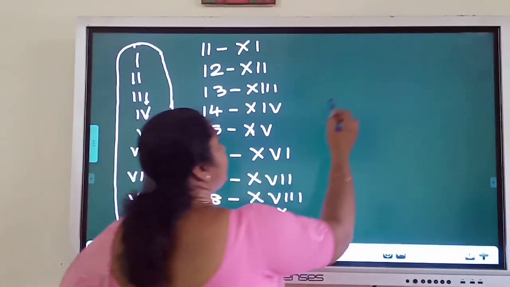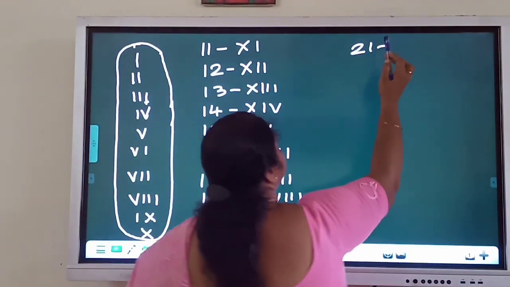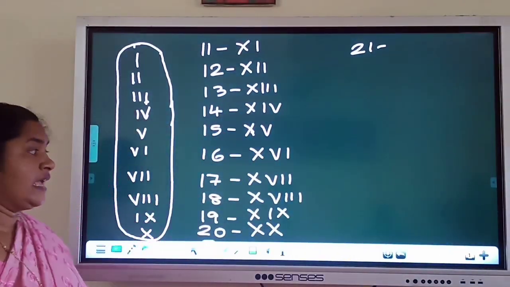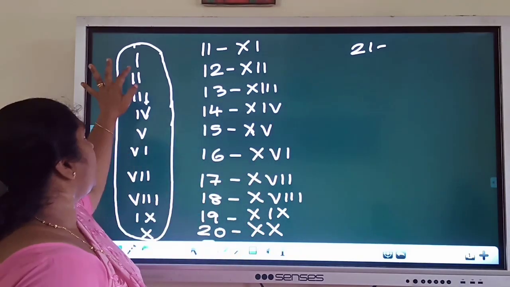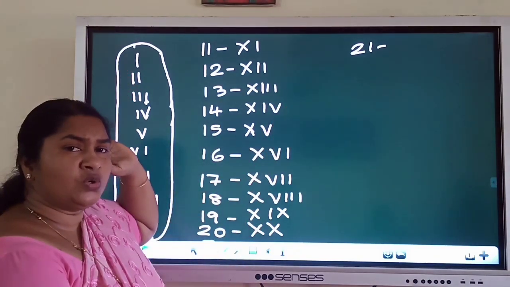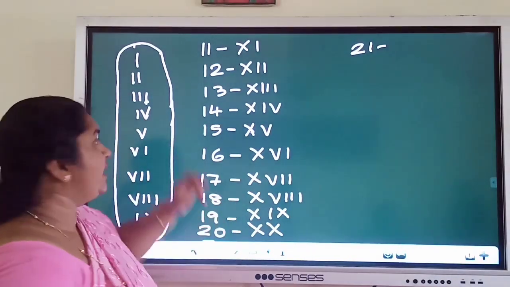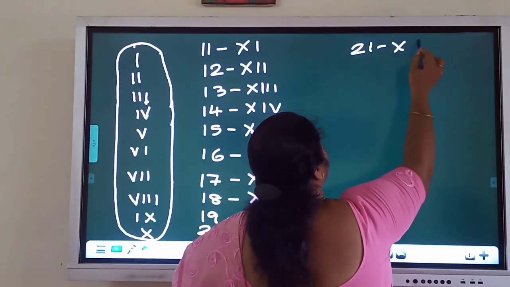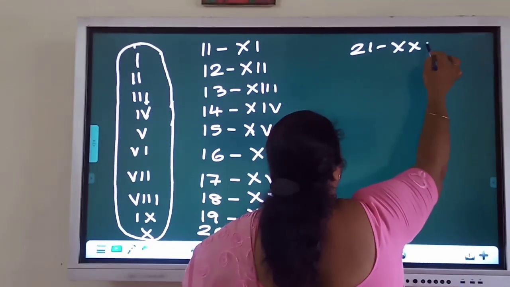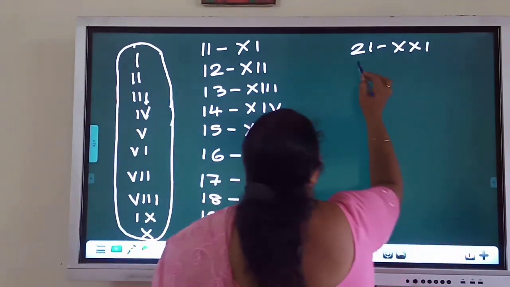Now how can you write 21? 20 you write and then 1. Then 22, 20 you write, then this 2. So 21 how can you write? XX and 1 is I.